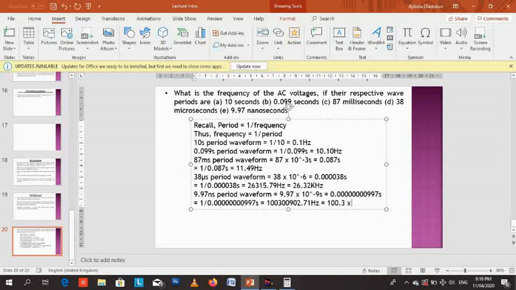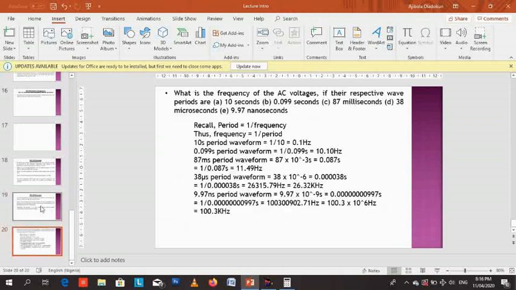So 100.3 times 10 to the power 6 hertz. Moving it 6 times is not kilo, it's mega actually. Sorry about that, it's mega. I think I'll correct that later.